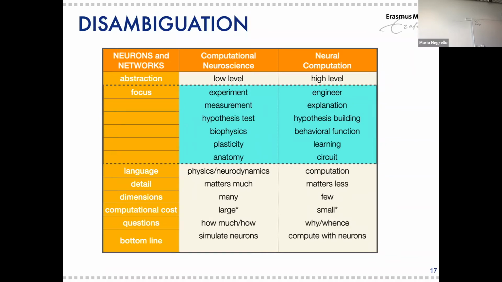The language, therefore, here is closer to the language of physics or neurodynamics. The details matter a lot. What's the ion channel, the specific protein? Dimensions, in terms of, if you want to make a model that represents this, the neurons here tend to have many dimensions in the sense that you're encoding a lot of detail.